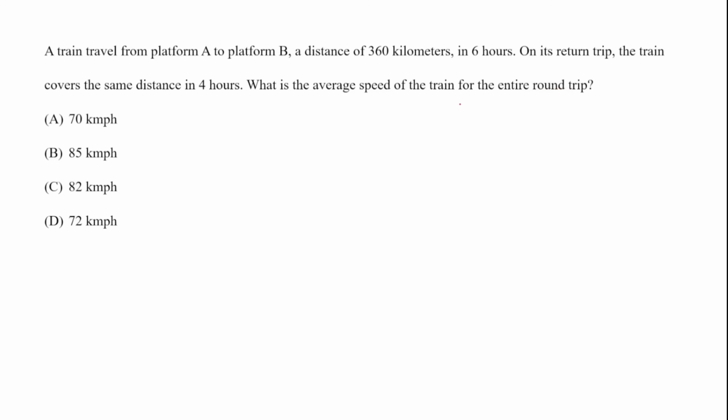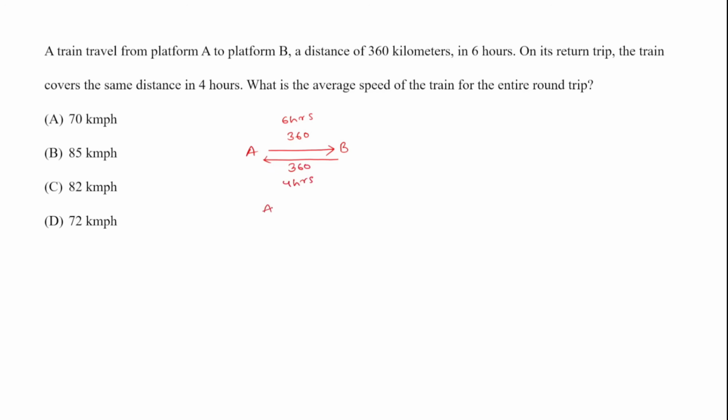So here there is a train and it is traveling from platform A to platform B, and the distance is 360 kilometers in 6 hours of time. Again, the train is covering from platform B to platform A, which is the same distance, that is 360 kilometers, in 4 hours of time.